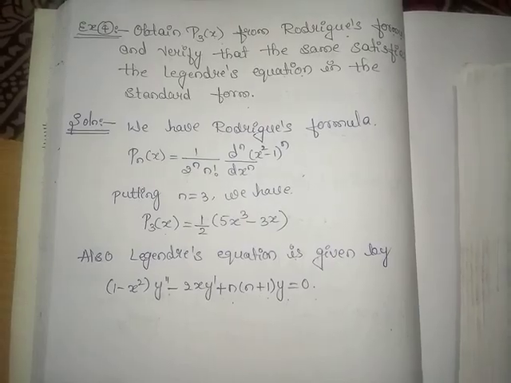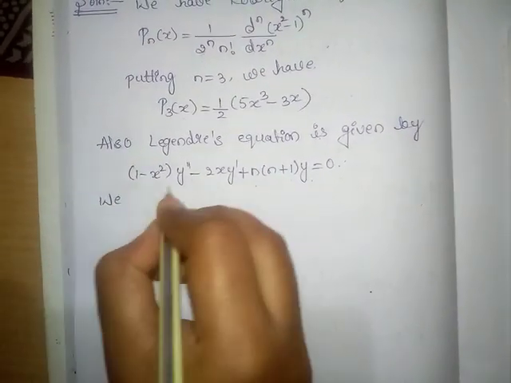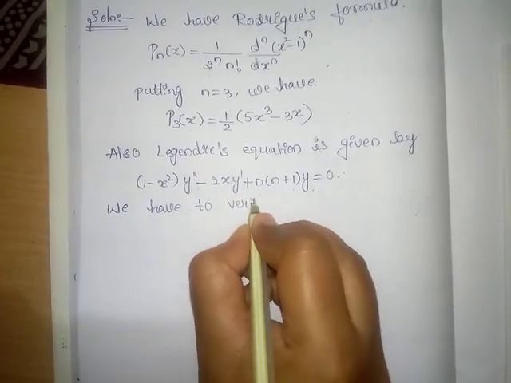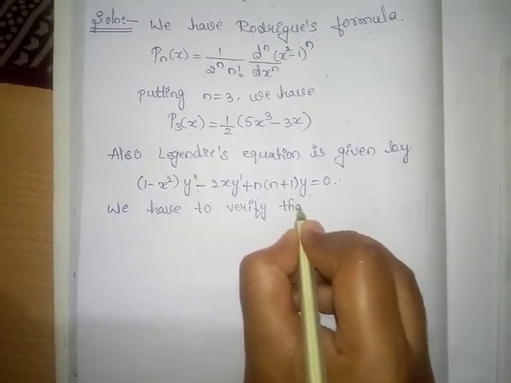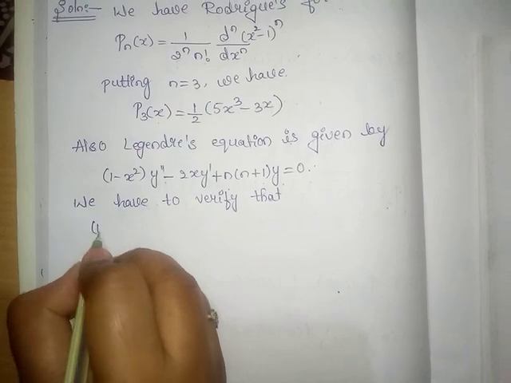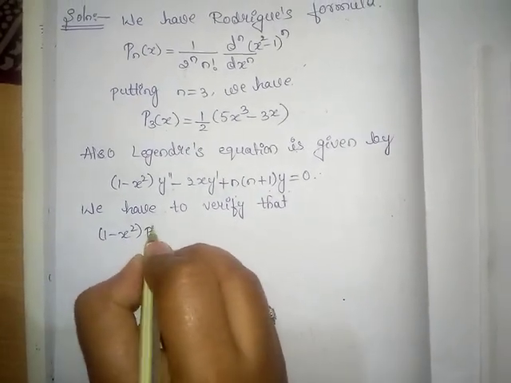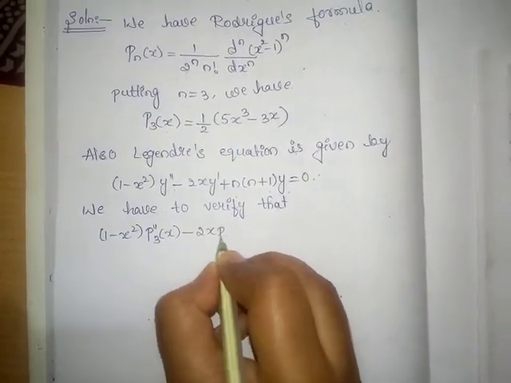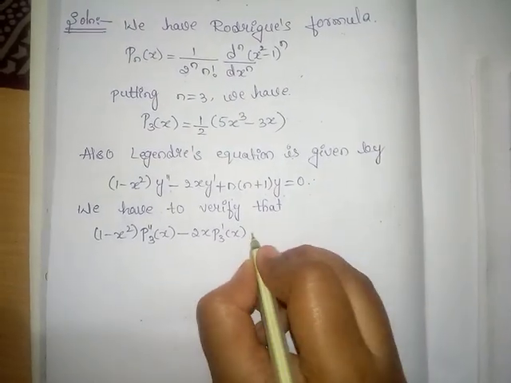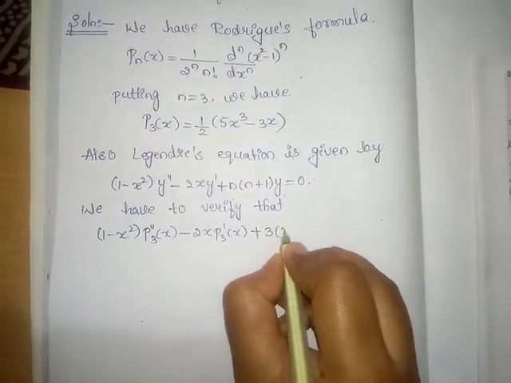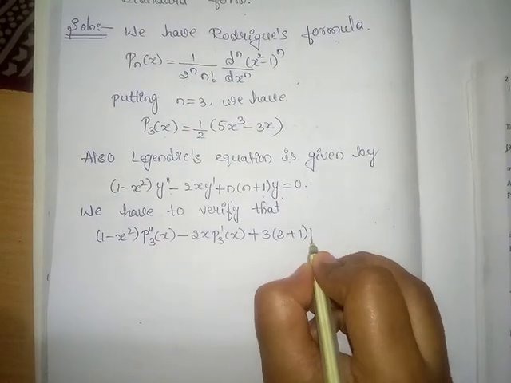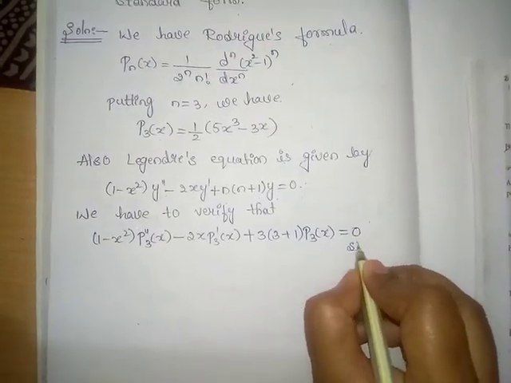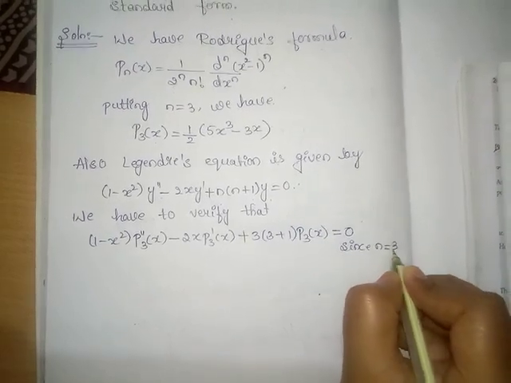For that, we have to verify that (1 minus x square) P3 double dash of x minus 2x P3 dash of x plus n(n plus 1) P3 of x is equal to 0, since n is equal to 3 here.